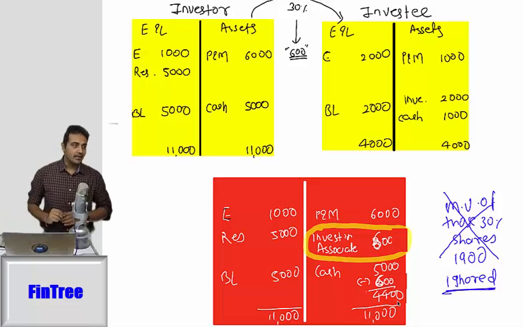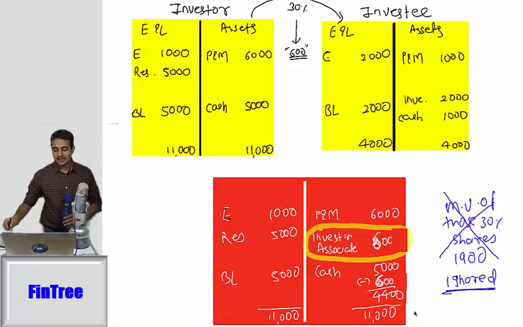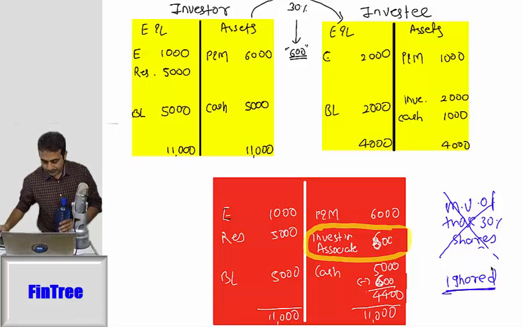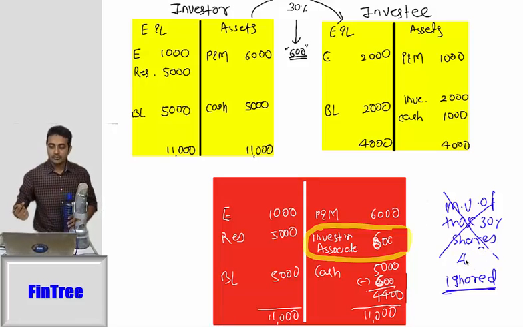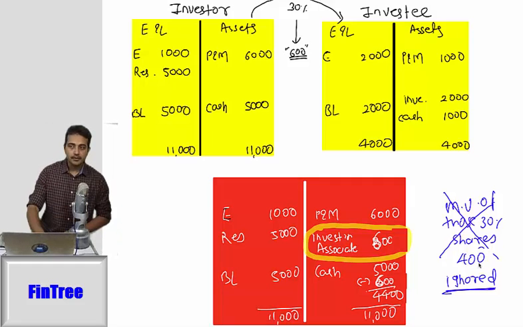And this is 1111. Everything else remains same. So this 1600 is too much. Sorry, 1900. Let's change this to 400. So we assume that there is a valuation premium. Have you finished writing this?